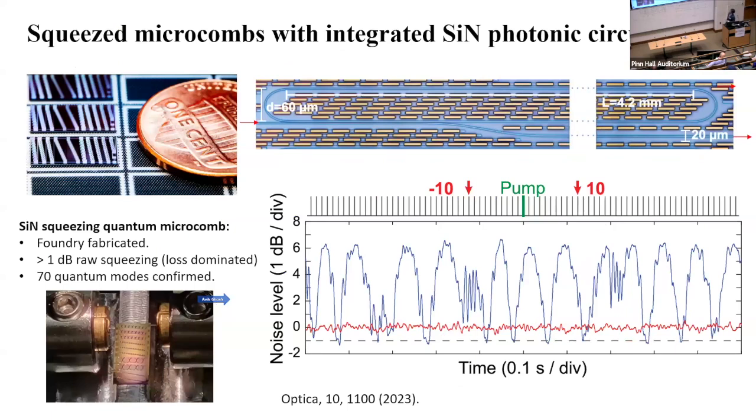Later we moved to more integrated platforms. These are the chips you can see, coin size, and this is the actual resonator, and light actually circles inside. This is a more integrated system, and later you can put it together with lasers and detectors, so that's why we picked this platform. Also, the chip is fabricated at a commercial foundry, which means it's more expandable later.